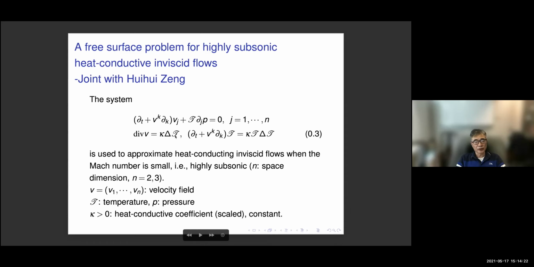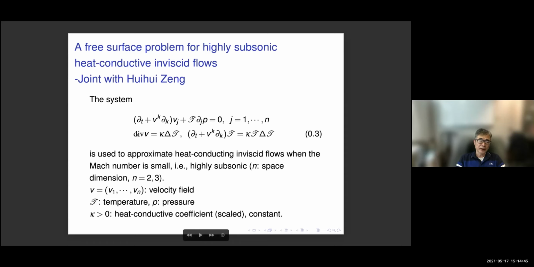So in that case, it reduces to the homogeneous incompressible Euler equation. But generally speaking, when kappa is not 0, when the heat conductivity is not 0, the fluid for this system is not incompressible anymore.